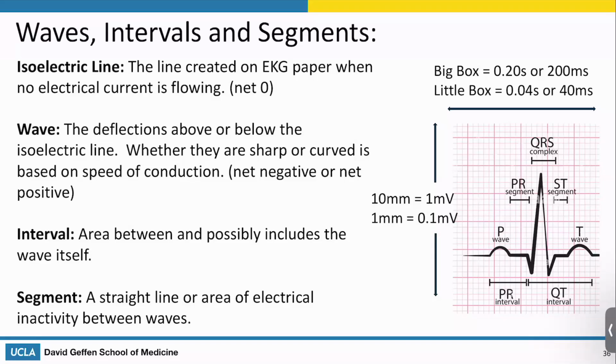And if it's more curved, that's going to be more slow, less gap junctions, more of that general contractile cells throughout the heart. Now, an interval is an area between and possibly includes the wave itself. So if we look over here at this complex, we see that the PR interval includes the P wave right there. And you might be saying, well, I get that, but why is it actually stopping right before the Q wave? Well, you won't always see Q waves.